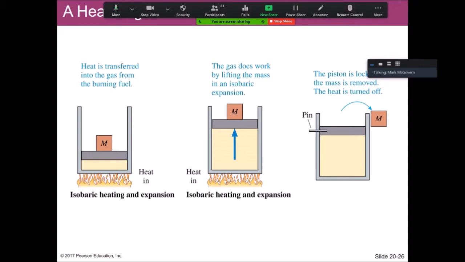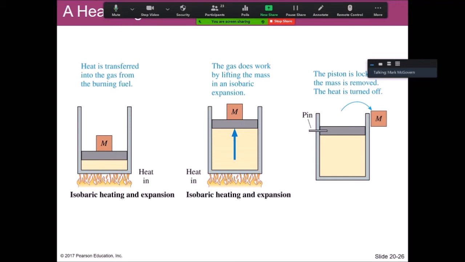And we're going to heat up that gas, and we're going to see an isobaric expansion, okay? Constant pressure. Why is it constant pressure? Because the pressure is attained from the weight of the three things on top of our fluid here: piston, mass, atmosphere. That establishes the pressure.